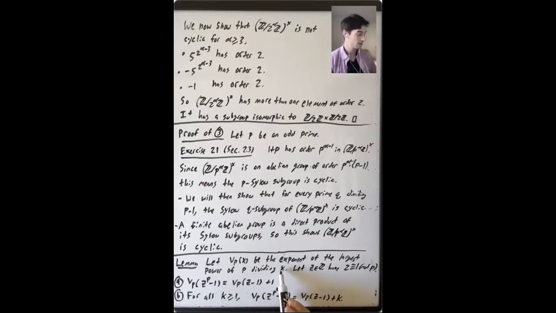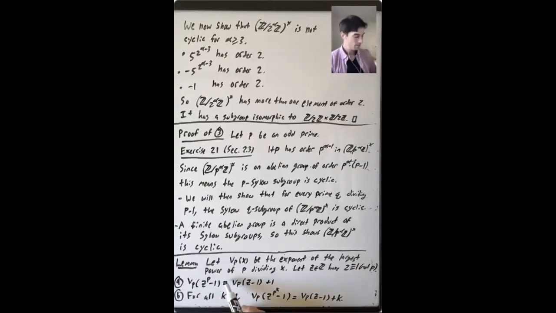But v_2 of 50 is 1, because 2 divides x, but 4 does not. So what we're going to do is take an integer z that is 1 modulo p, and we'll show 2 things. One, that v_p of z to the p minus 1 is equal to v_p of z minus 1, plus 1.